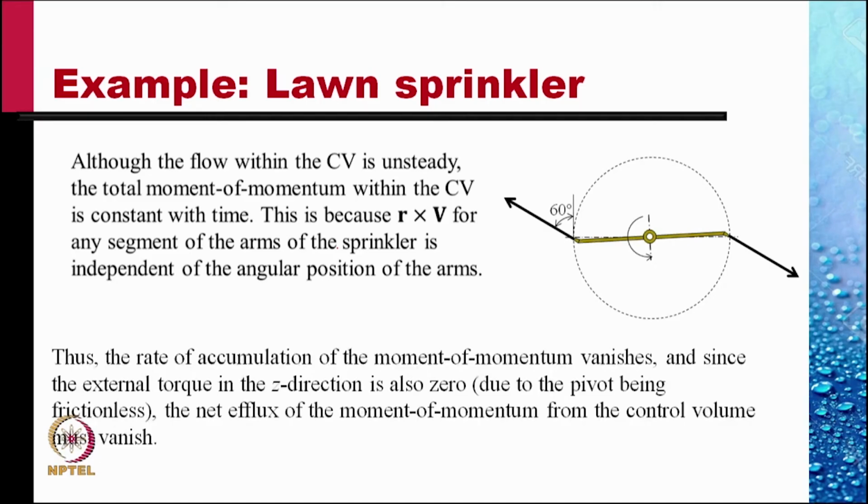The rate of accumulation is 0. The net torque we want is 0. So, the sprinkler arms would rotate at such a speed that the net efflux of momentum is 0.